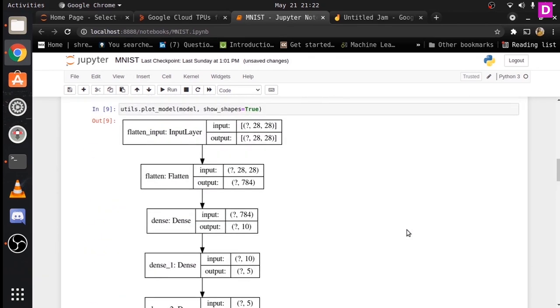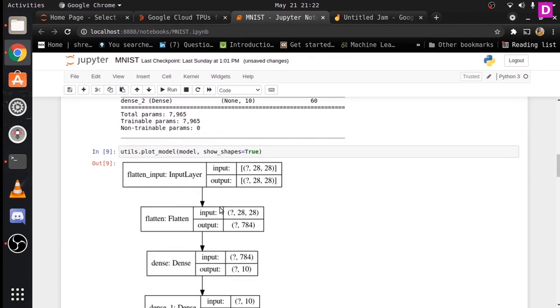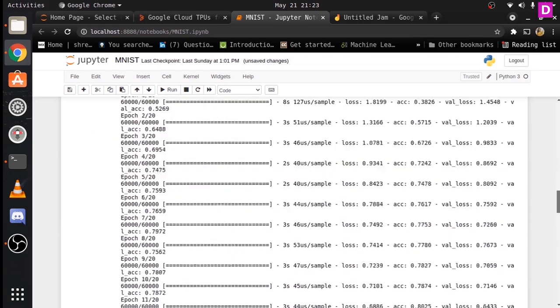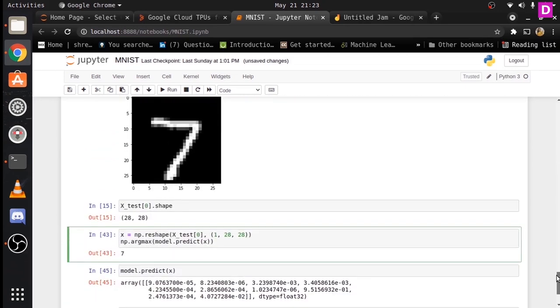If you remember the architecture, we had an input of shape question mark, 28, 28. This was the shape in which the model was trained, so this is the shape in which it will take inputs for prediction too. That means if you are predicting, you have to change the shape to this. The question mark was for batch, but here we are testing on one data point.